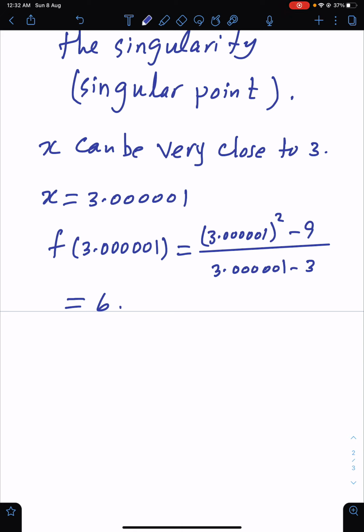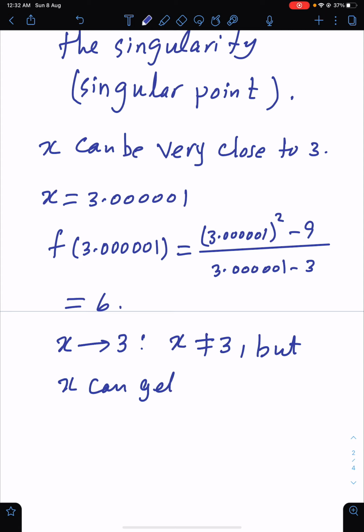So it's a long statement. And we can come up with a mathematical notation for this statement to say that x, there's an arrow, approaches 3. And this means x is not equal to 3, but x can get very close to 3.